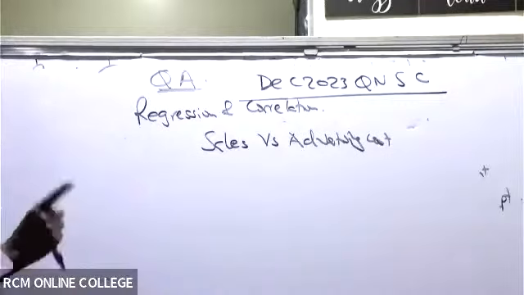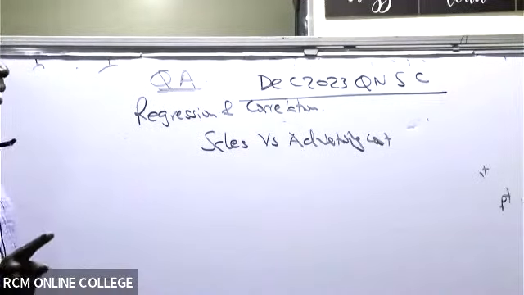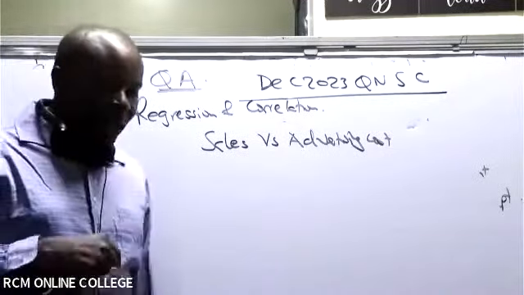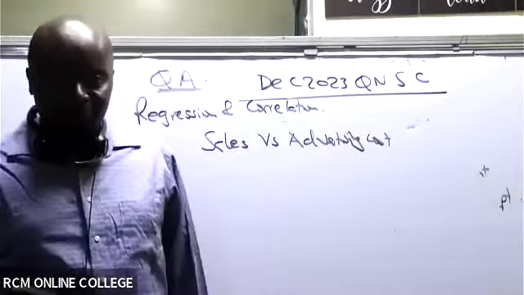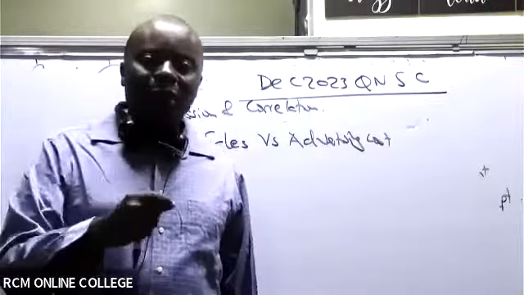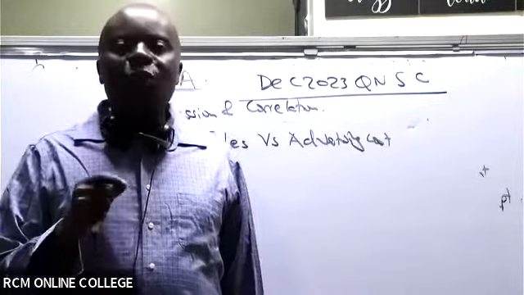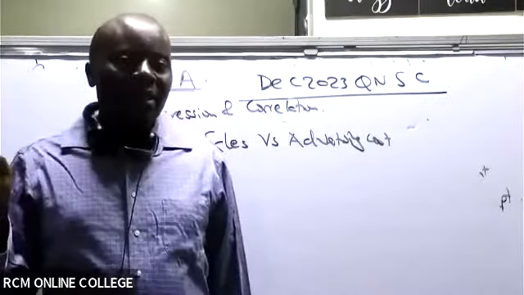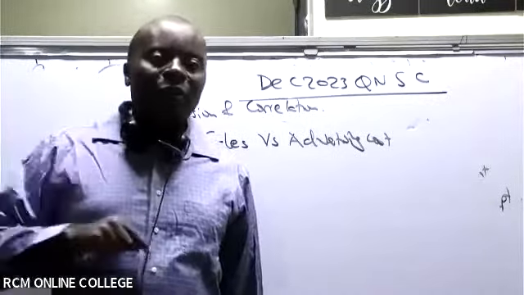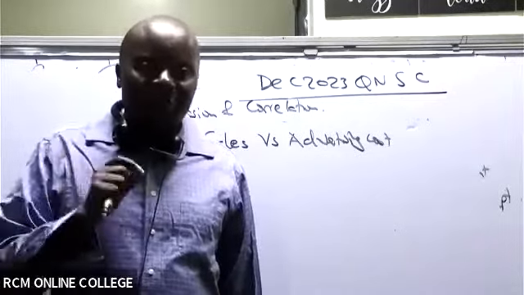If you miss this, you will get a 0 totally. Here you have to look at the responding variable, the one that responds to the other. Let me put this question to you: is it true that advertising cost depends on sales, or is it the other way around? Which one depends on the other?